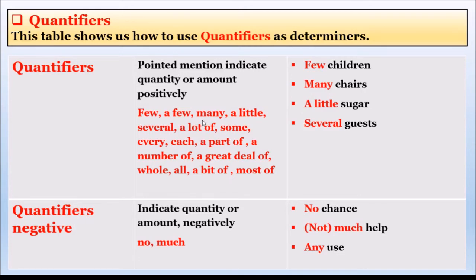The general rule is that we use fewer when the noun is in a plural form, and we use less when the noun is in singular form. This is the only difference.